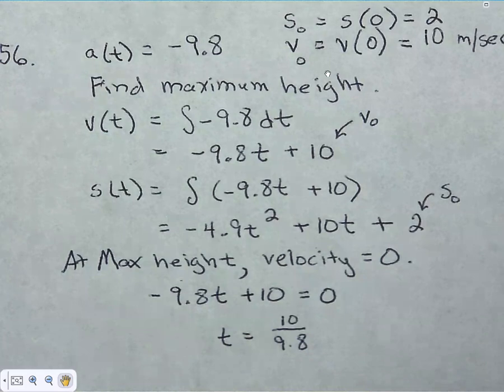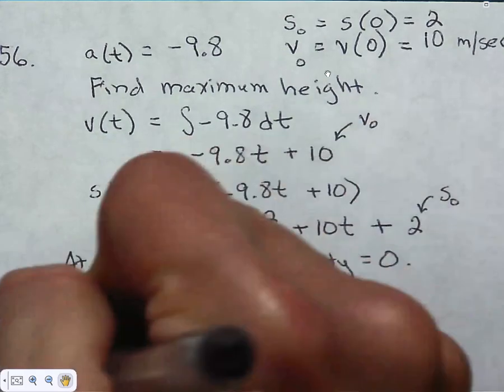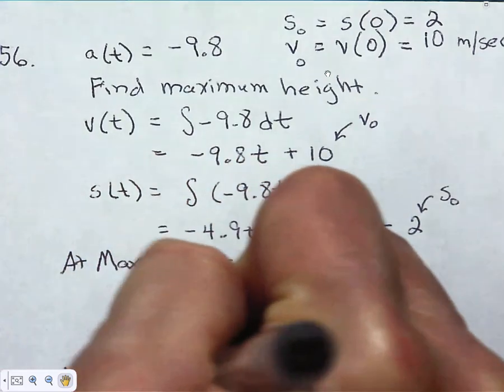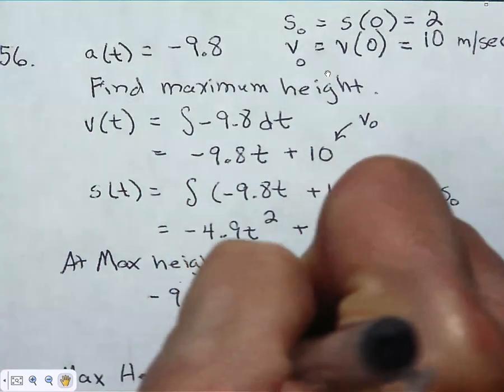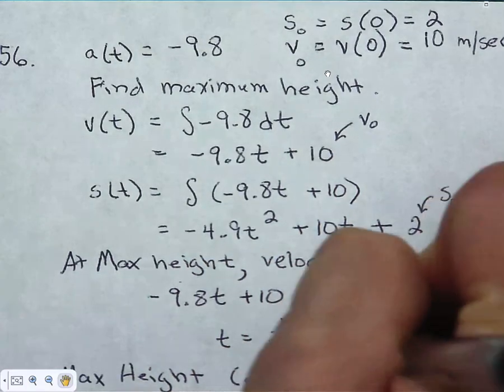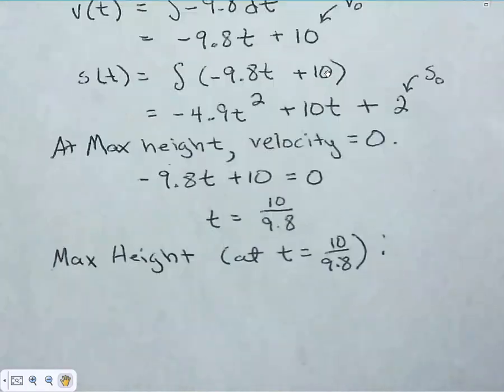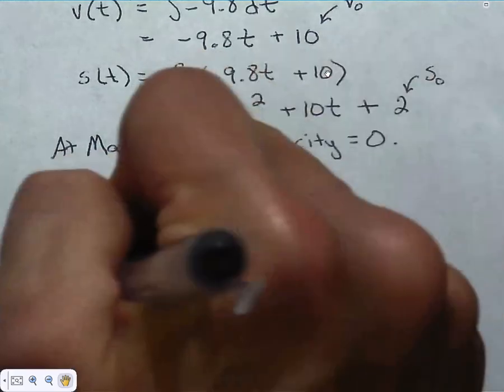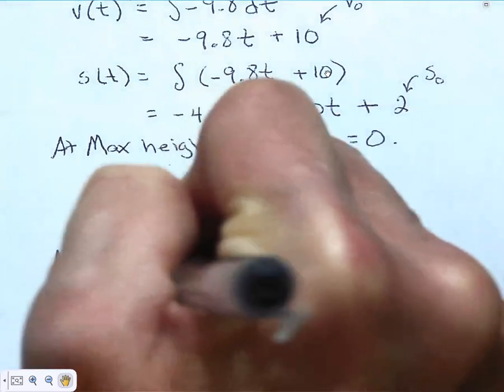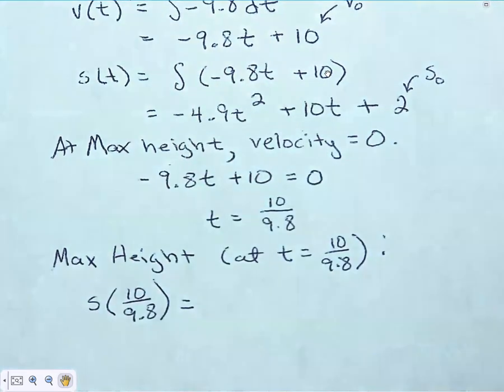Now I'm not going to round that. The max height at t equals 10 divided by 9.8 is whatever I get when I plug 10 divided by 9.8 into the position function.